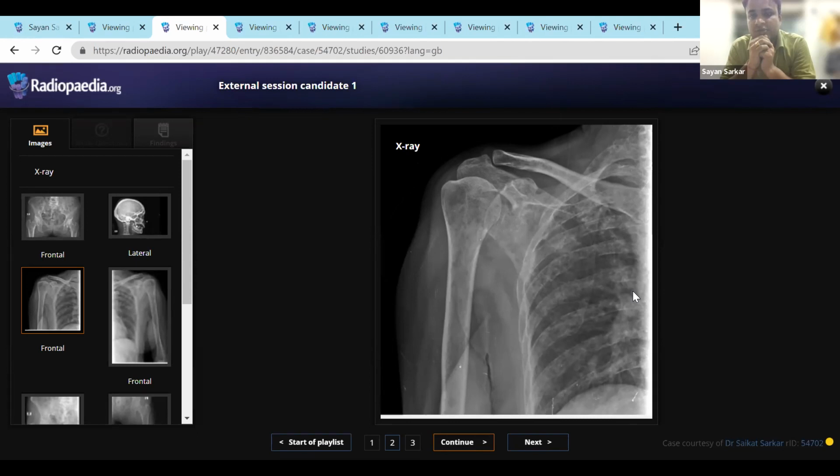What are the one or two modalities you can think of that will help in that regard? For comparison, if we have cross-sectional images, a CT scan can help if the patient already has that CT scan.